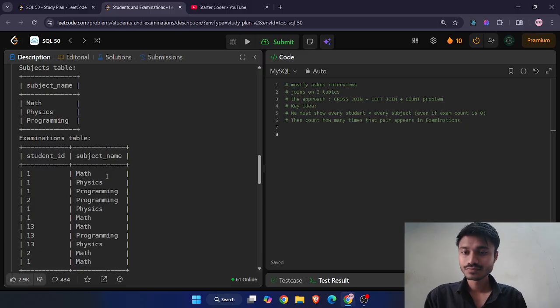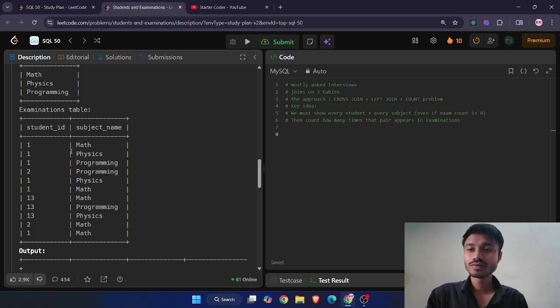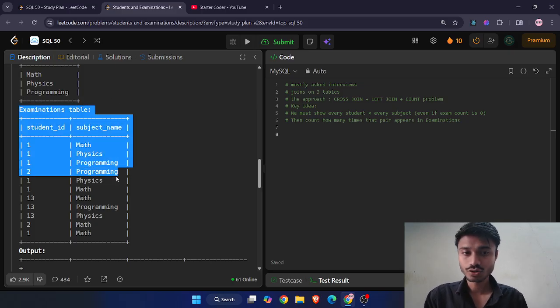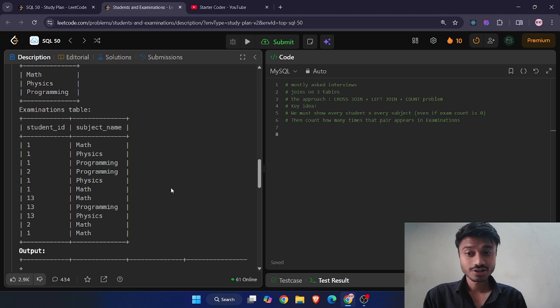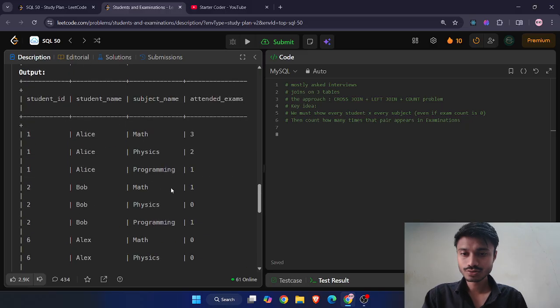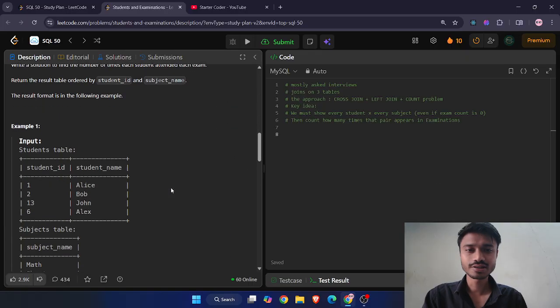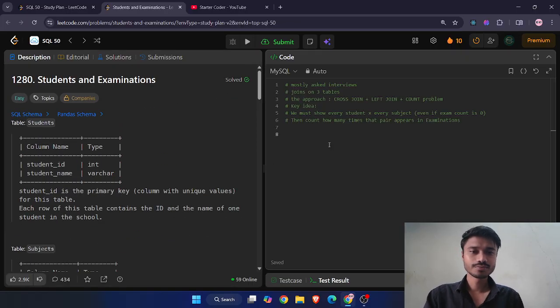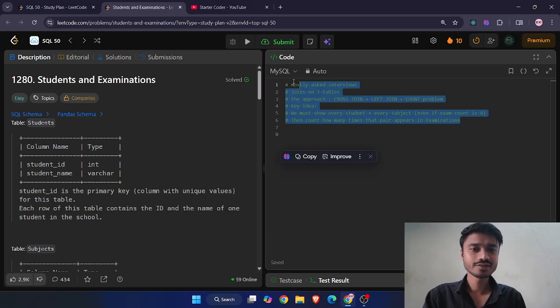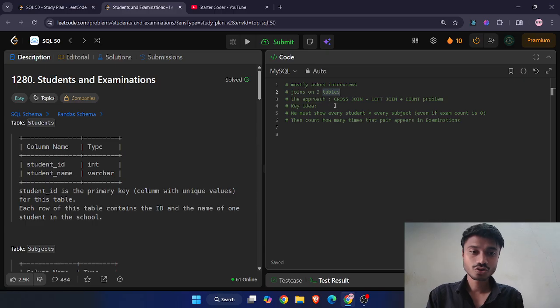After that we will do a left join with the examination table, and inside that we need to count how many times that subject name appears. So this is mostly clear in theory. Let's try to code it. This is what I have written here. The approach is cross join plus left join and the count problem.